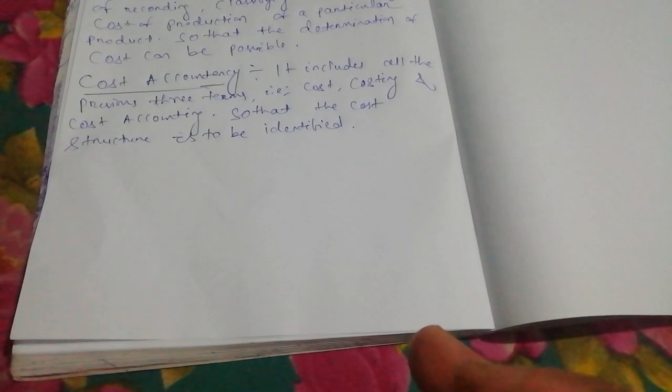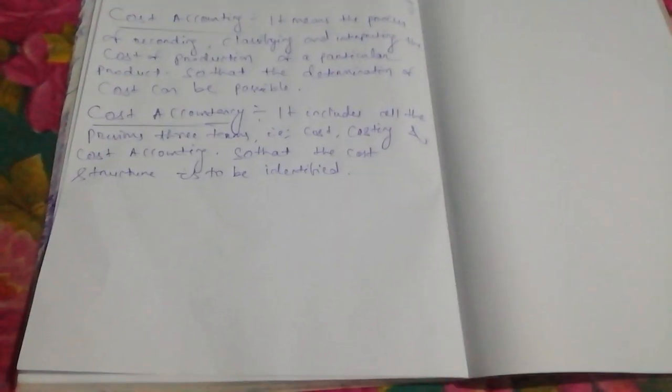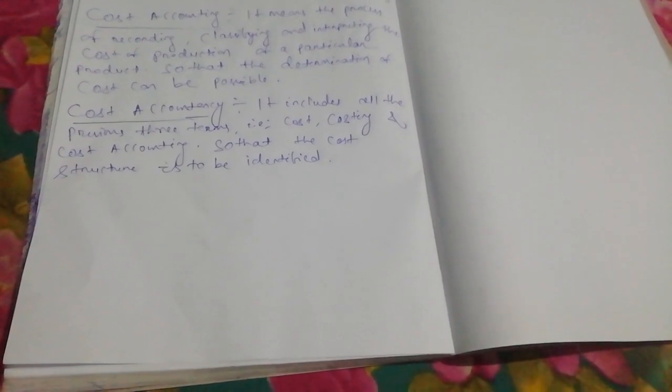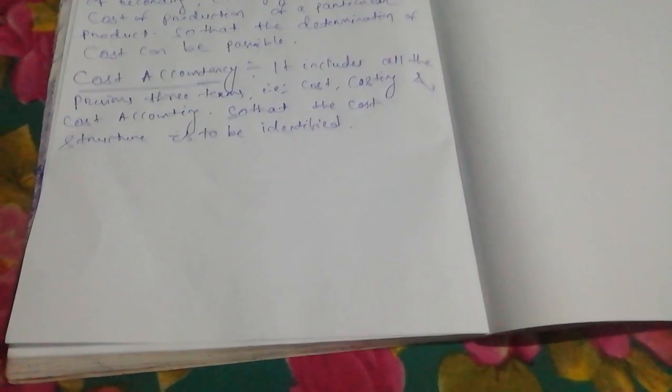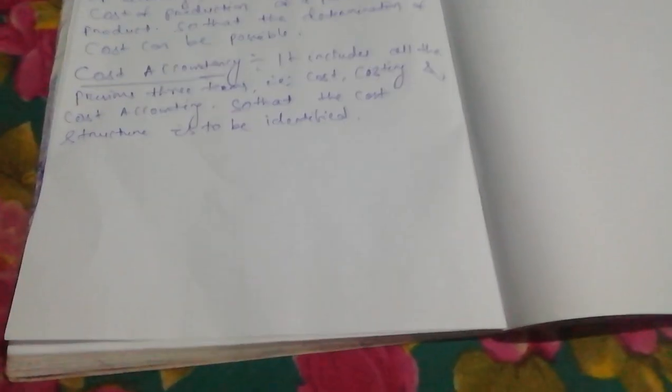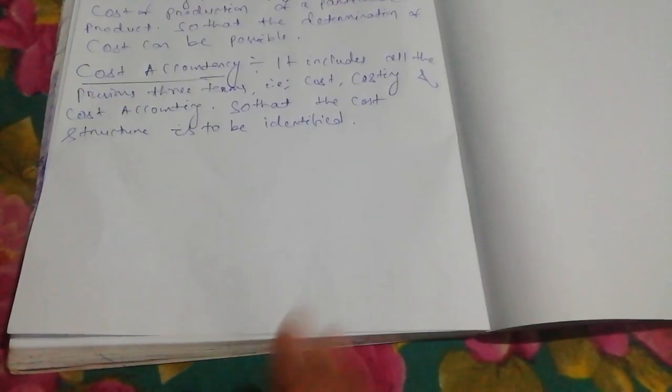All these three elements, material, labor and expenditure, are very necessary for getting a particular product. Material may be direct and indirect, labor may be direct and indirect, expenditure may be direct and indirect.